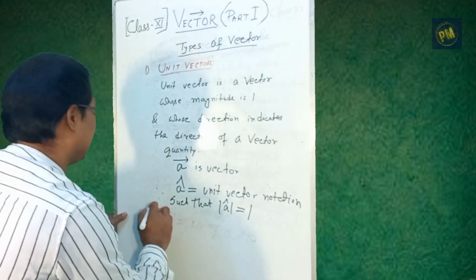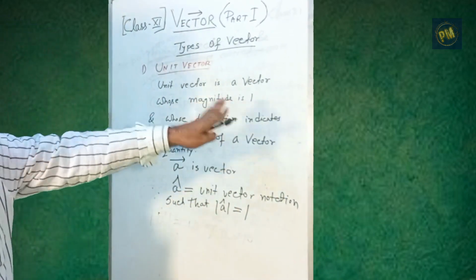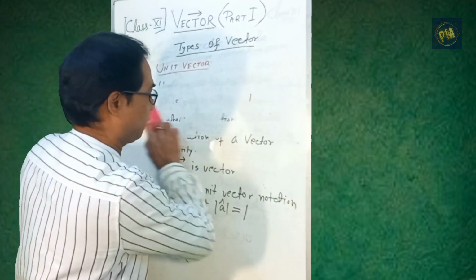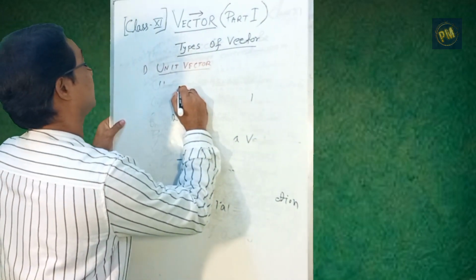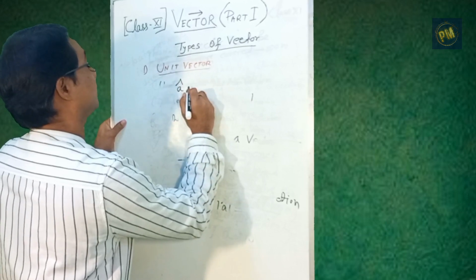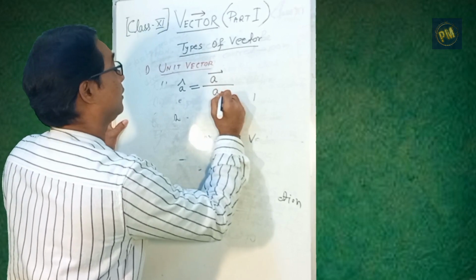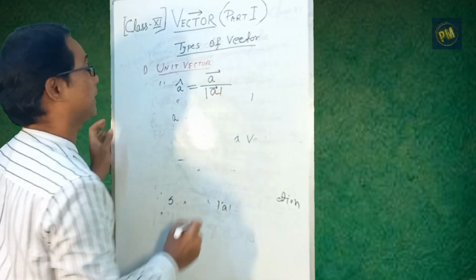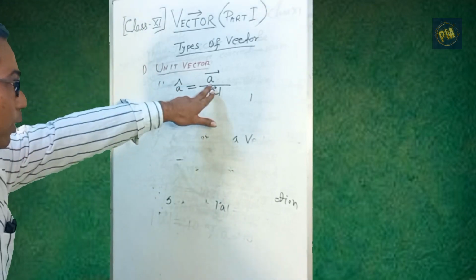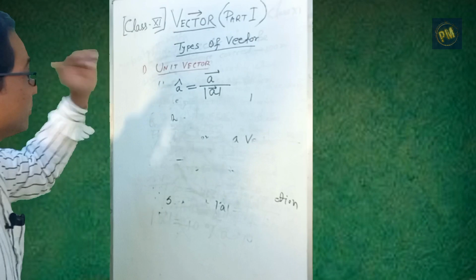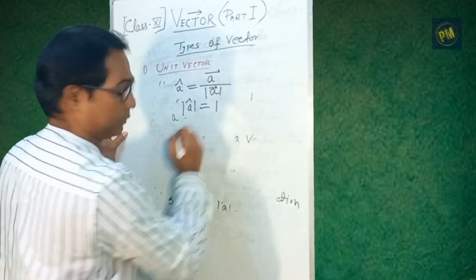The unit vector is represented as A cap equal to vector A divided by its magnitude. That is, the unit vector is represented by the ratio of a vector quantity A and its magnitude, such that mod A cap is equal to 1.